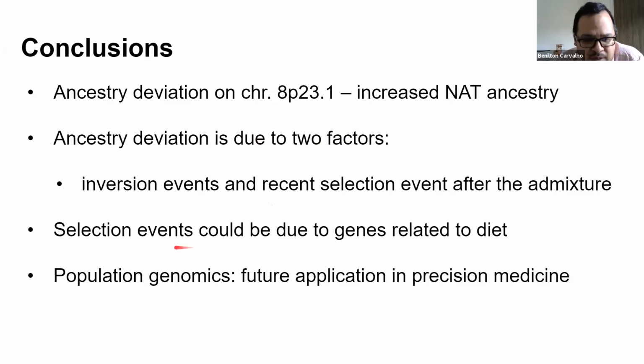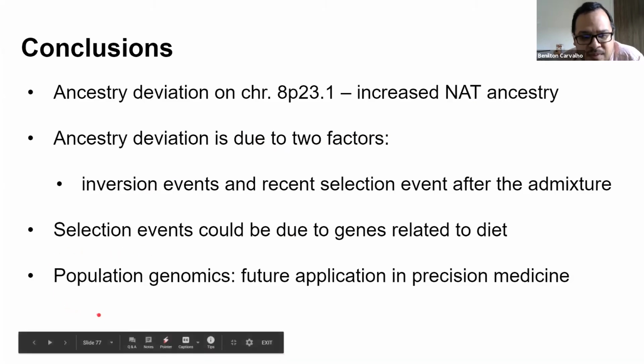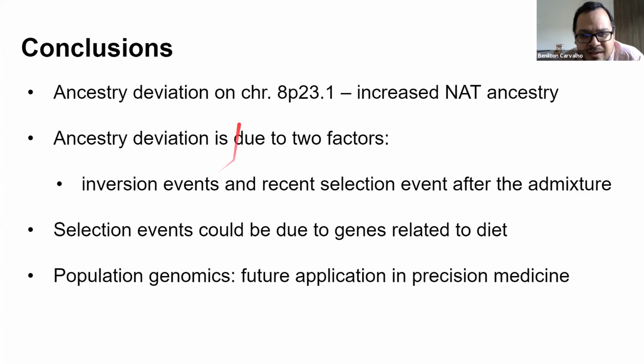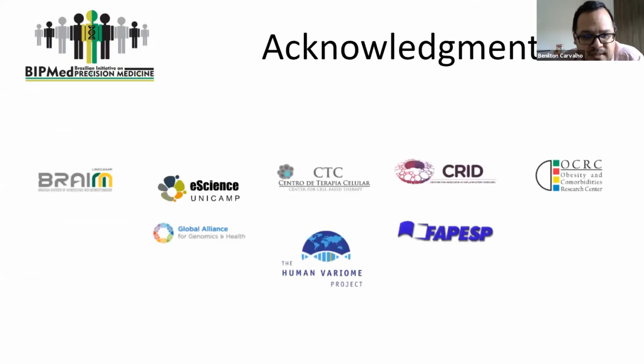We also highlight that this is extremely important for population genomics, in particular because events like this are actual confounders for the ancestry inferences that we might need to do in terms of precision medicine.